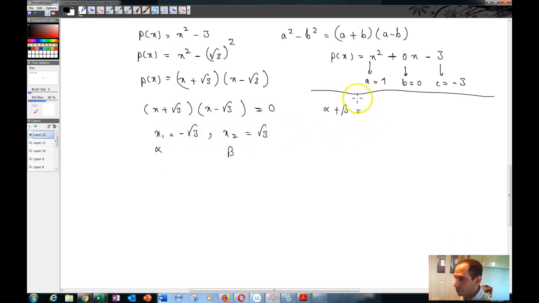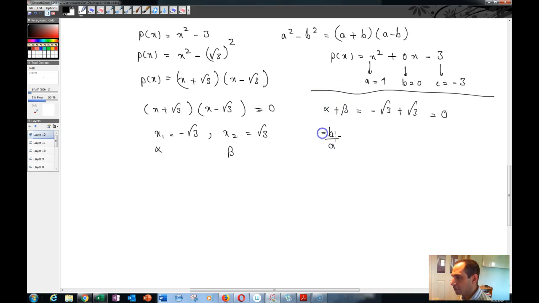Now if I calculate alpha plus beta, that's equal to negative square root of 3 plus square root of 3, which is equal to 0. And also b divided by a, if I calculate in this polynomial here, it's actually negative b by a.